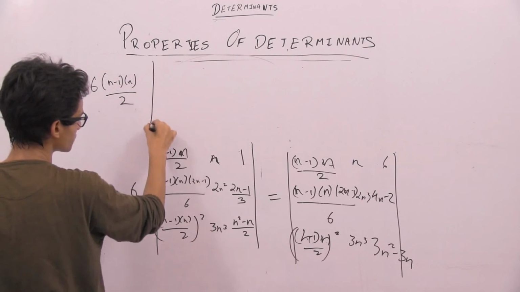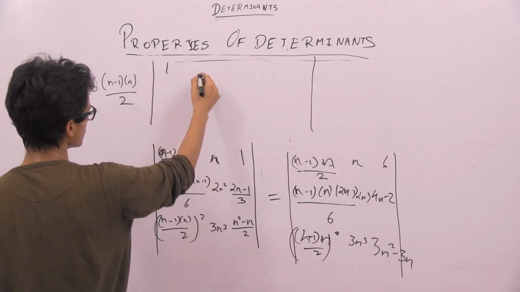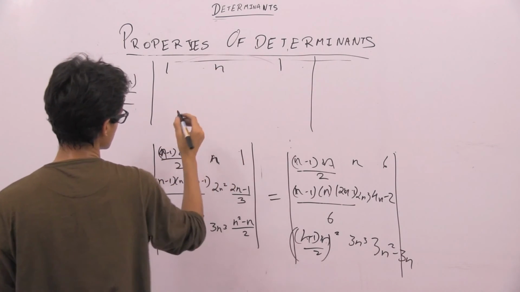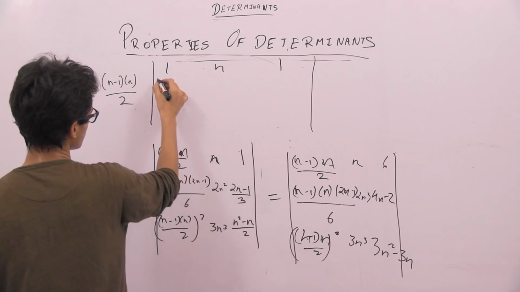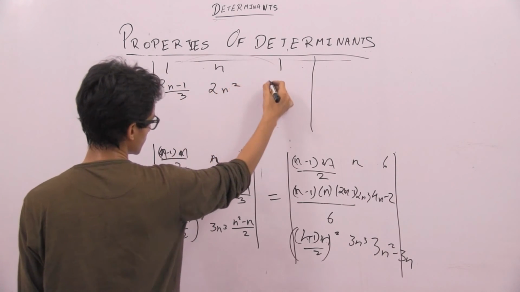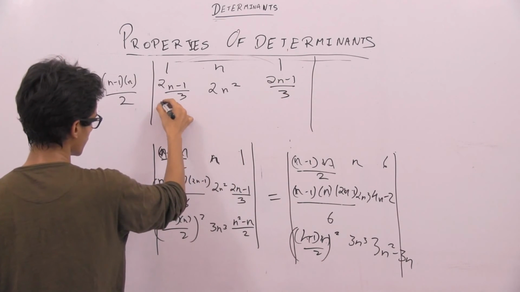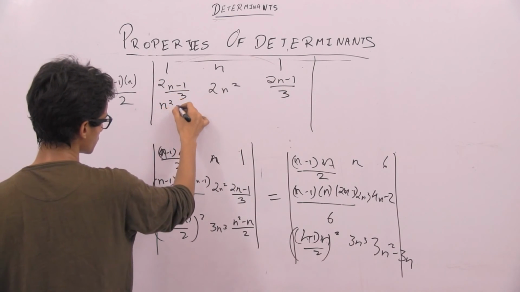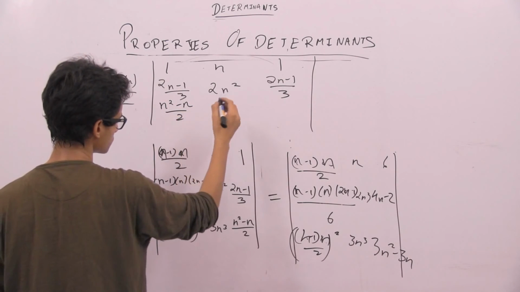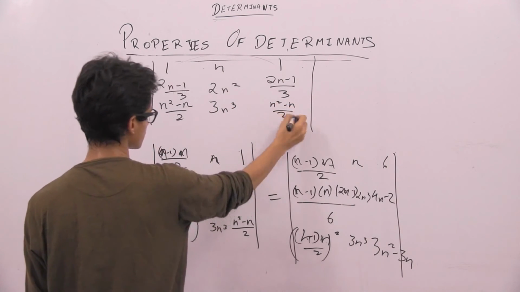Taking this common from C1, we get 1, n, 1, 2n minus 1 by 3, 2n square, 2n minus 1 by 3, n square minus n by 2, 3n cube, n square minus n by 2.